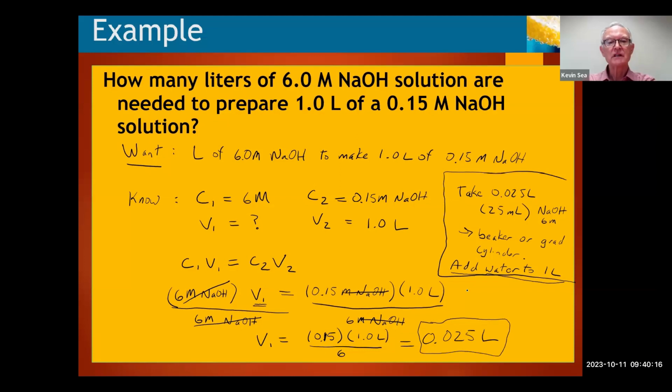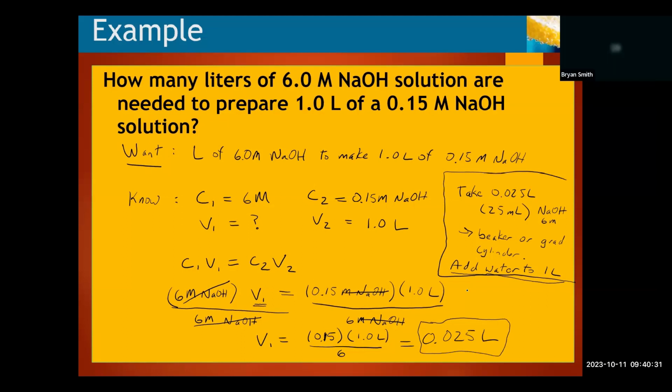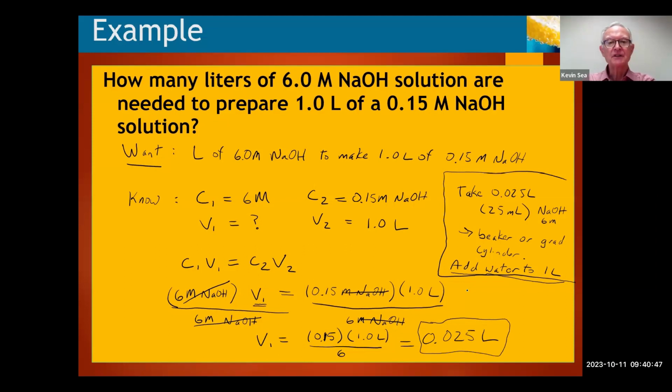So what we usually do is take a little bit of water, add our solute, whatever we're going to dissolve, and then add enough water to bring the volume up to the total. Essentially we're diluting with water up to the target volume.